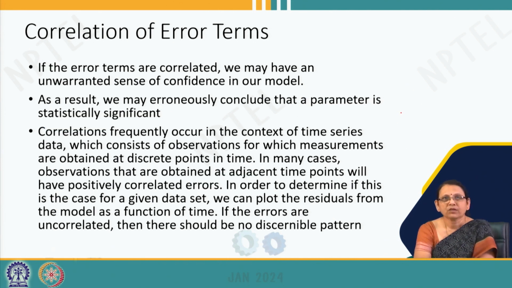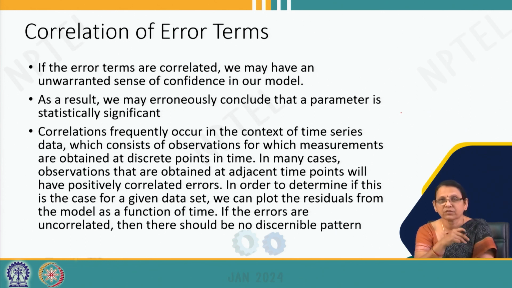There can be correlation of the error terms. Now, what is the implication of the correlation? This kind of thing often happens when you have time series data. If the error terms are correlated, we may have some problem with how we measure our confidence on the model.